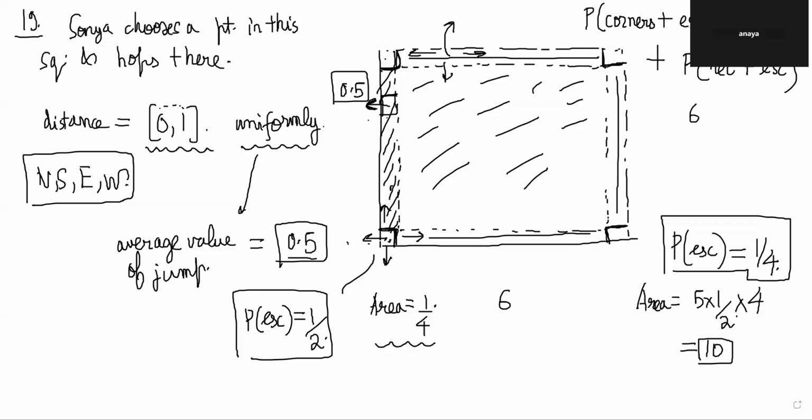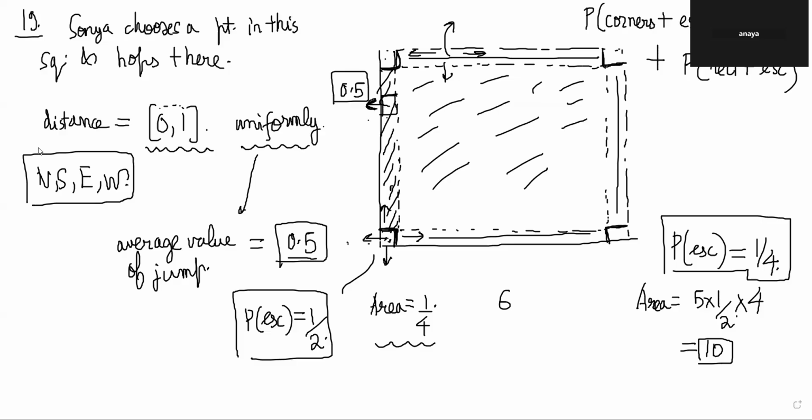So either she hops into one of these corners and then she escapes by hopping out, or she ends up in one of these rectangle areas and then she escapes, right? Yes. There are no other ways of escaping. And these are different options, so you have to add the relevant probabilities, right?